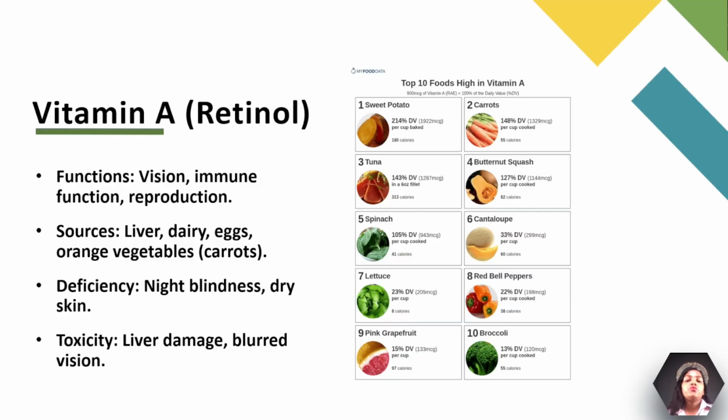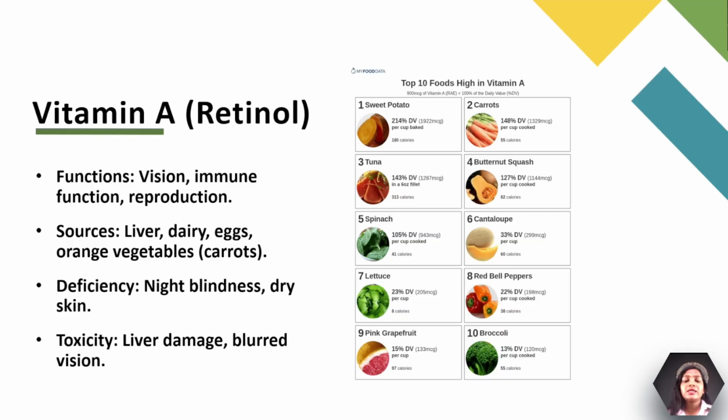And if an individual is going through a deficiency of vitamin A, in that condition the person can suffer from night blindness and dry skin can be observed, and toxicity can lead to liver damage and blurred vision.